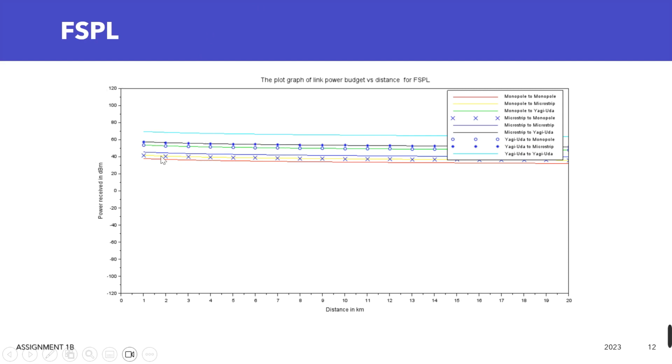The lowest one is monopole to monopole, where the power received is 30 dBm, and when the distance is 20 kilometers, the power received will be around 25 dBm. Well, the highest one is Yagi-Uda to Yagi-Uda. When the distance is 1 kilometer, the power received will be around 70 dBm, and it will go lower to around 60 dBm at 20 kilometers.